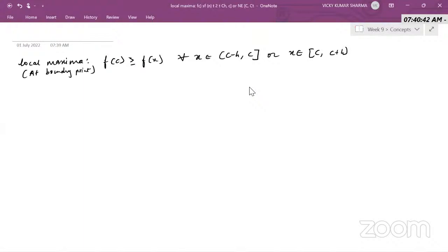The rest you can say is that c is in its domain, f is a real valued function and h has to be greater than 0. But this is the main definition, right? So what does it say?